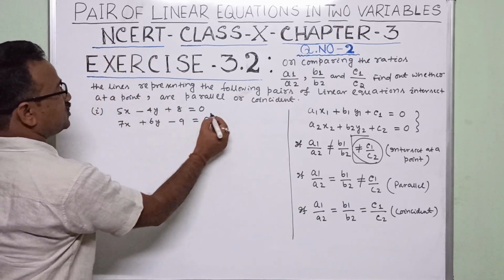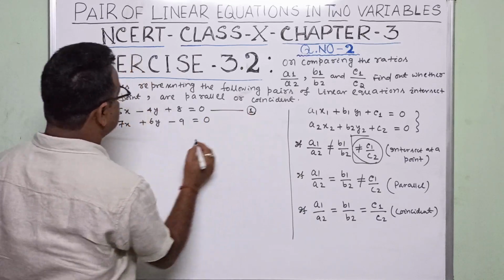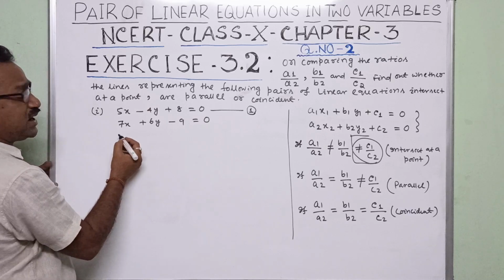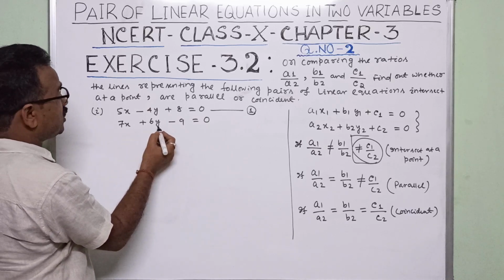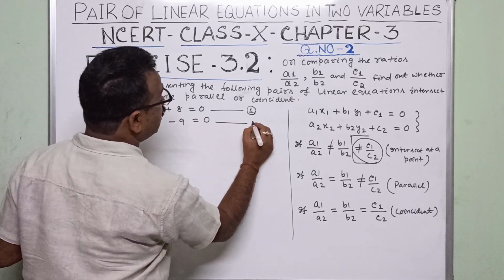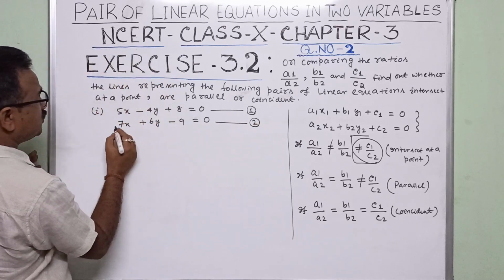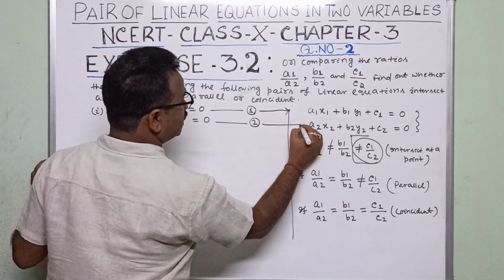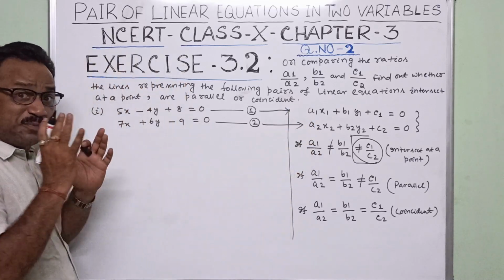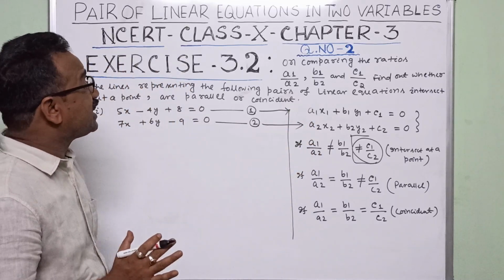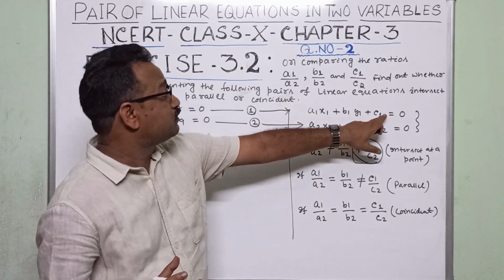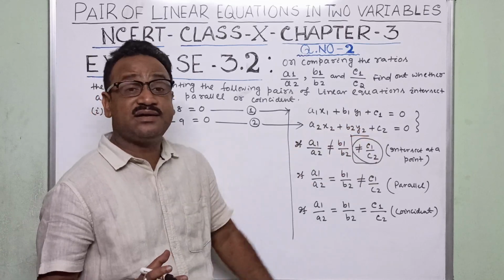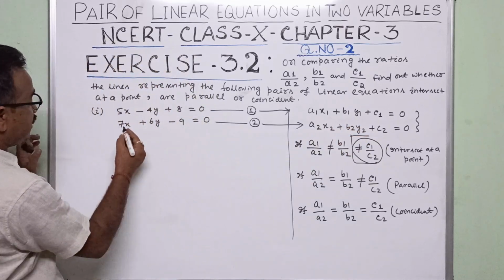So here, this is your equation 1. What is given in equation 1? 5x minus 4y plus 8 is equal to 0. What is given in equation 2? 7x plus 6y minus 9 is equal to 0. By comparing with A1 x, B1 y and C1, A2 x, B2 y and C2, what will we get here?